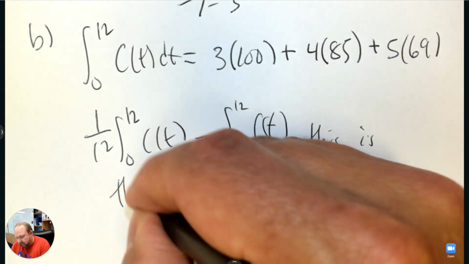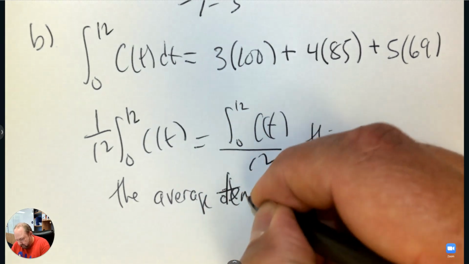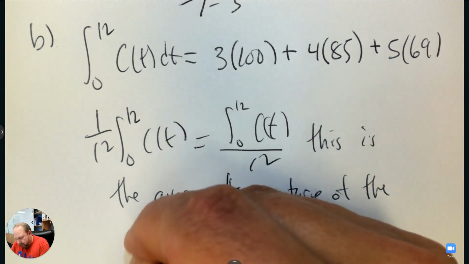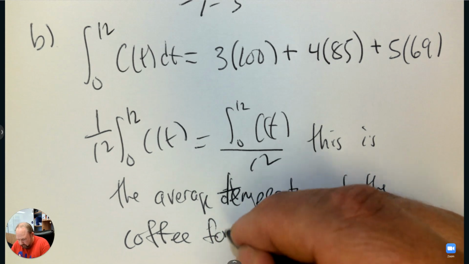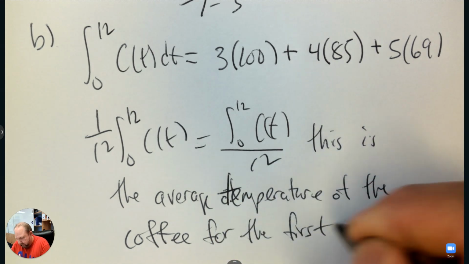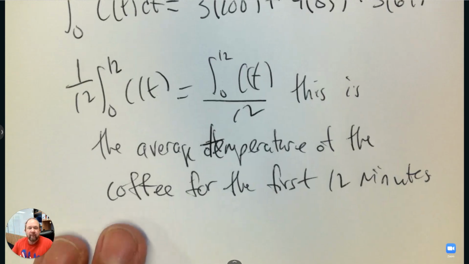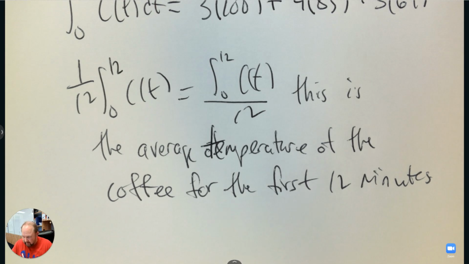In this case, this is the average temperature. So that would be the average temperature of the coffee for the first 12 minutes.